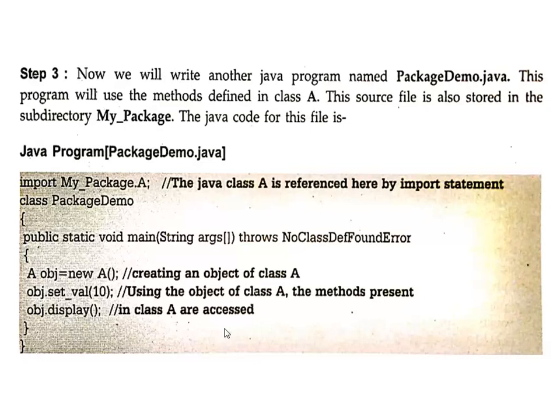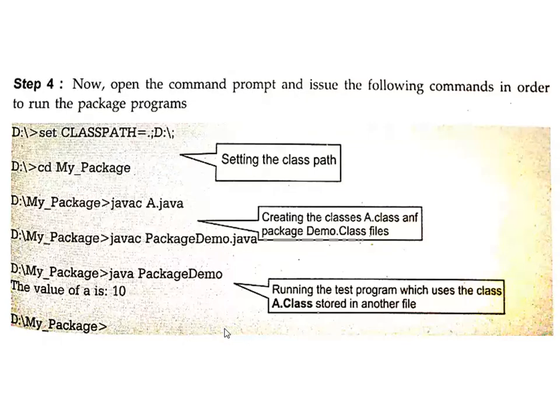Now step 4. Using the command prompt we will run this program. For that, initially we'll set the path of the home folder. Here my home folder is D drive, therefore I'll set the classpath as D. Then I will go to my package. For that I will use the command cd my_package, and in my_package I will compile that a.java file, that is the class A program. For that I will type javac a.java.